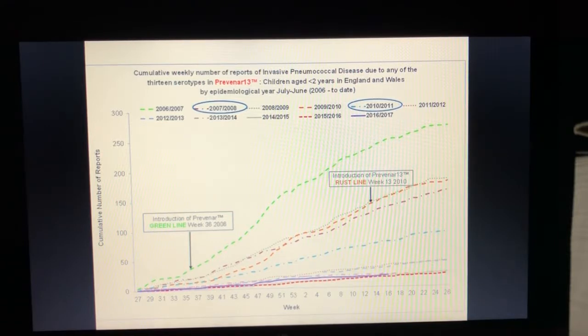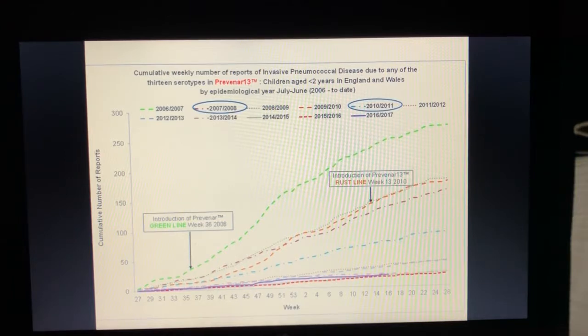And this vaccine is currently given in the under 4 month olds, and as you can see from the graph, the top green line shows at the end of week 26 in that year, the total number of reports cumulatively was almost 250, in fact almost 275, and that this has dropped dramatically when we look at the red dotted line at the bottom, which is 2015-16, all the way down to almost 20 or 25 cases a year.